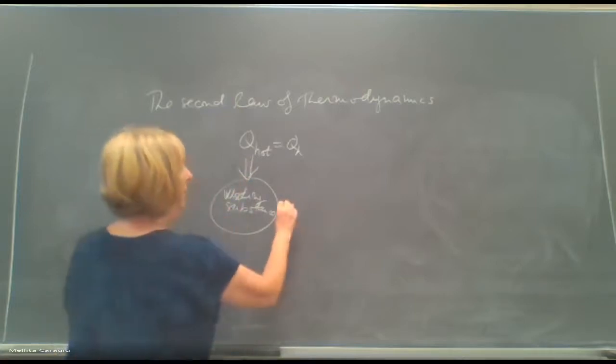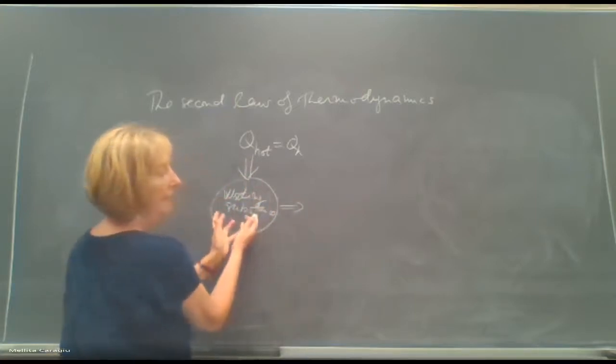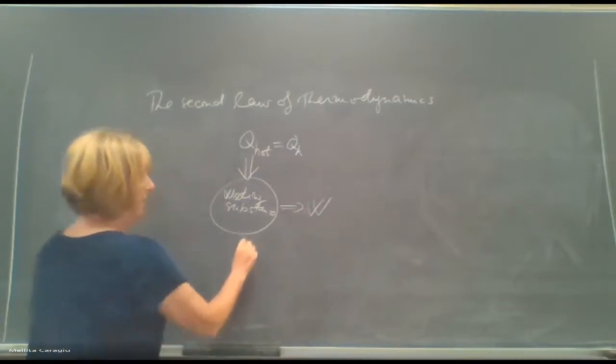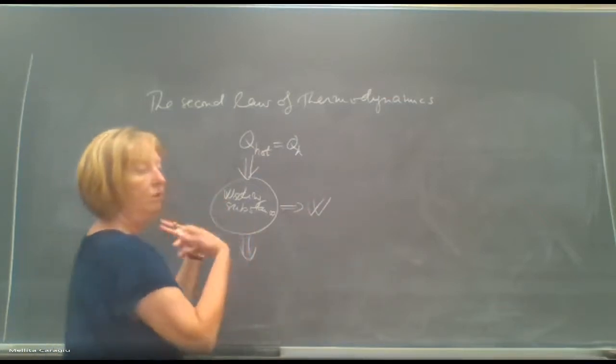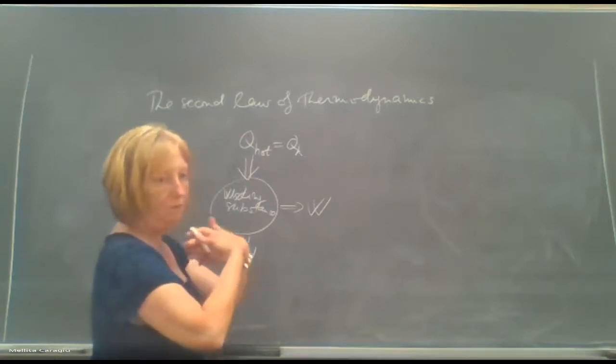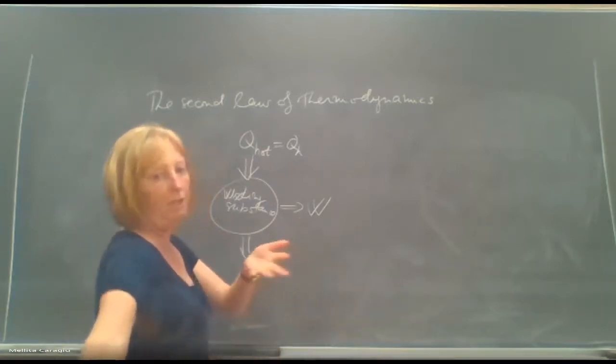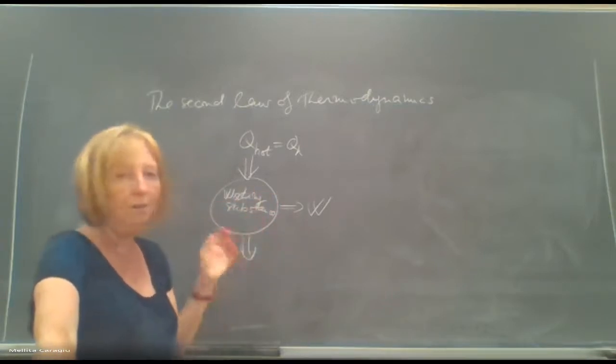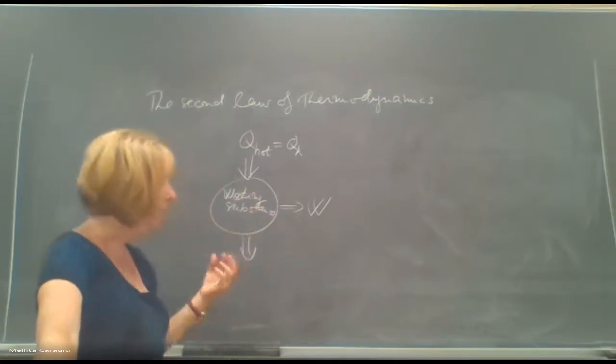There are some transformations in which the working substance does work, and there are some transformations in which the working substance releases heat, which is, of course, the gases which are expelled by all the cars in the atmosphere.